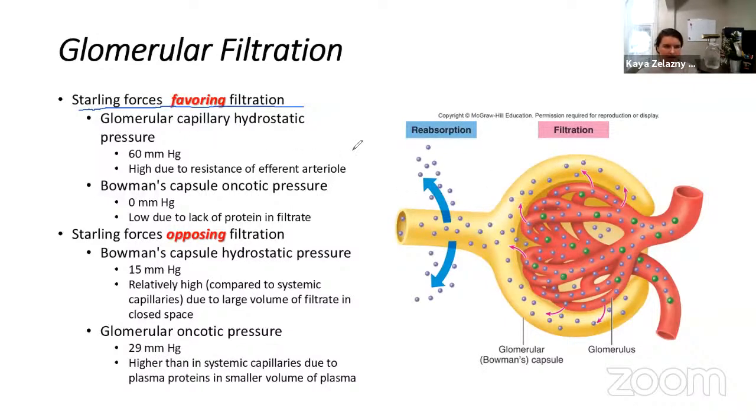So our forces favoring filtration, we can see these blue molecules are water molecules inside the glomerulus. They're pushing on the walls. So those pink arrows are basically the water moving out of those glomerular capillaries into Bowman's space. So that is our capillary hydrostatic pressure.